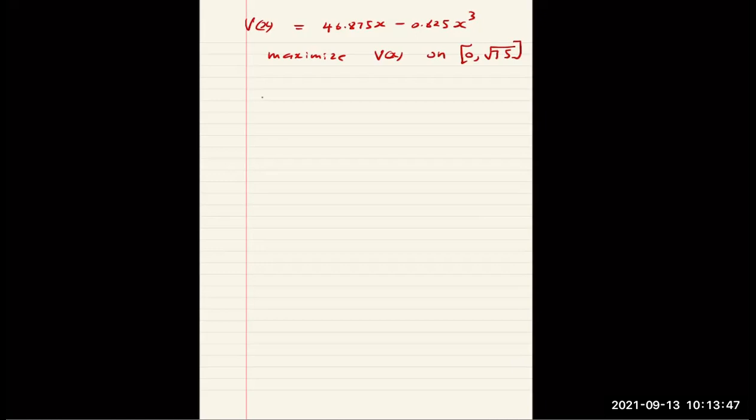If you find v prime of x, that will be 46.875 minus 3 times 0.625 times x squared. Now to find critical points, we set v prime of x to 0.